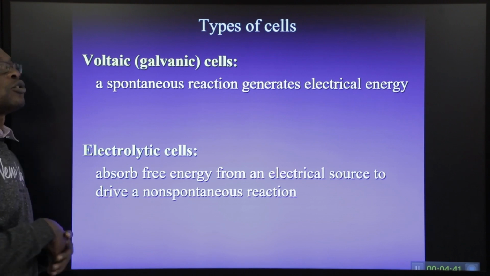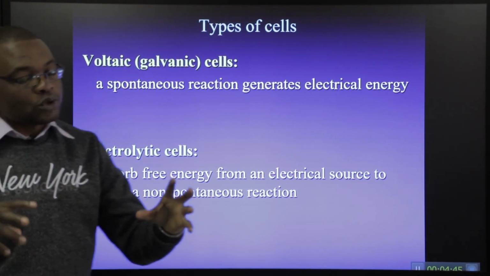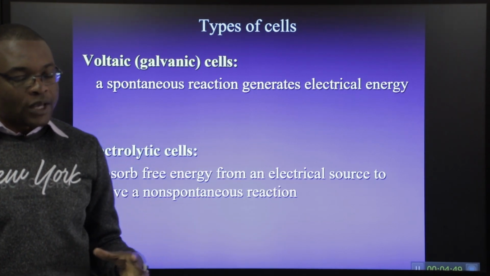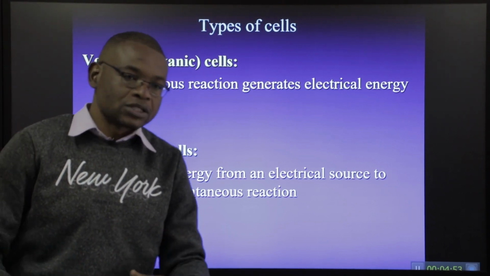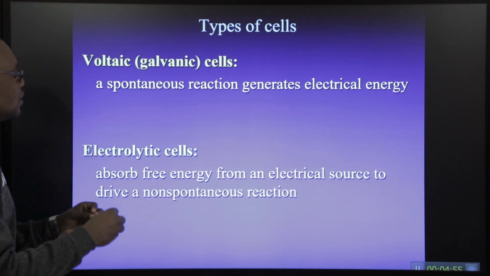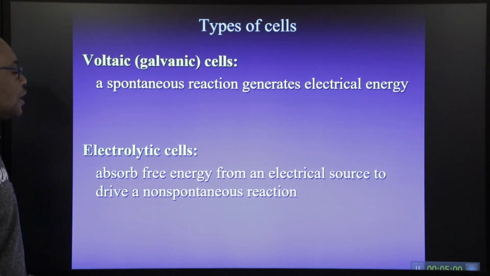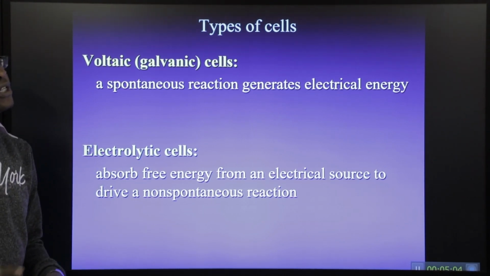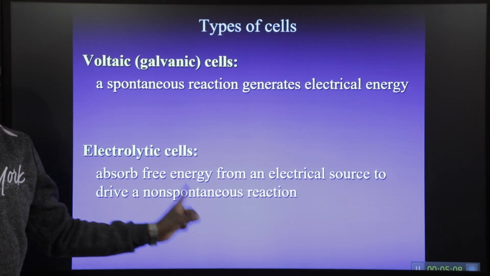But in an electrochemical cell, we are saying energy is actually absorbed from a source, and then it is driven through the system until it sustains a reaction, and for that reason the distribution of energy through the components of the cell makes the reaction non-spontaneous.